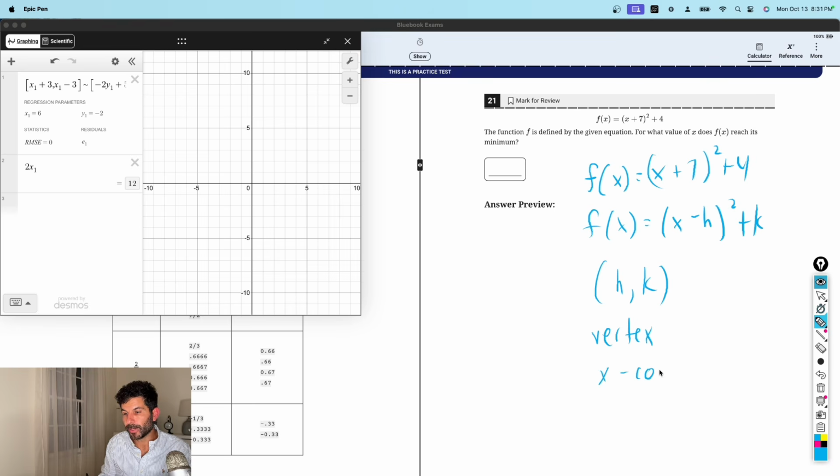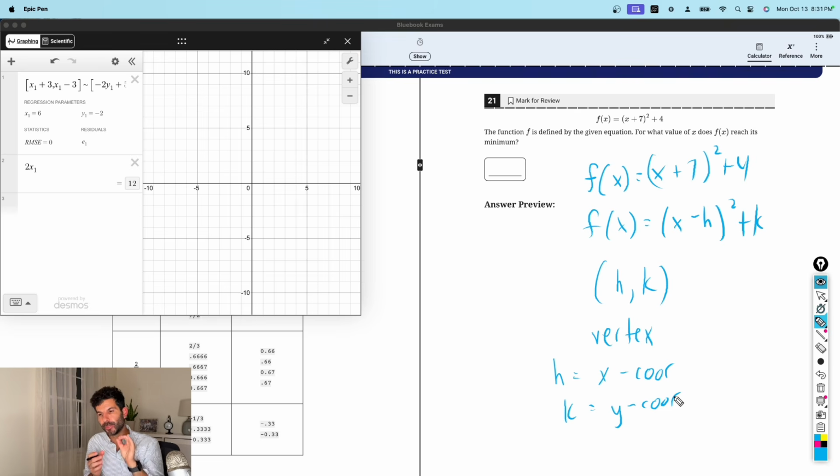H being the x coordinate and k being the y coordinate. And students like this form compared to standard form because, like slope-intercept form, the vertex is handed over to us. All right, we know that our vertex is contained within that form.